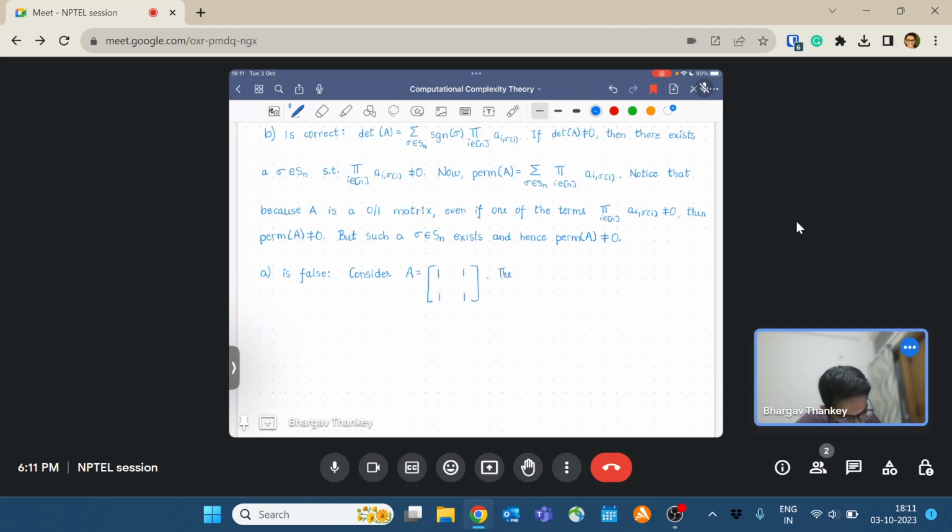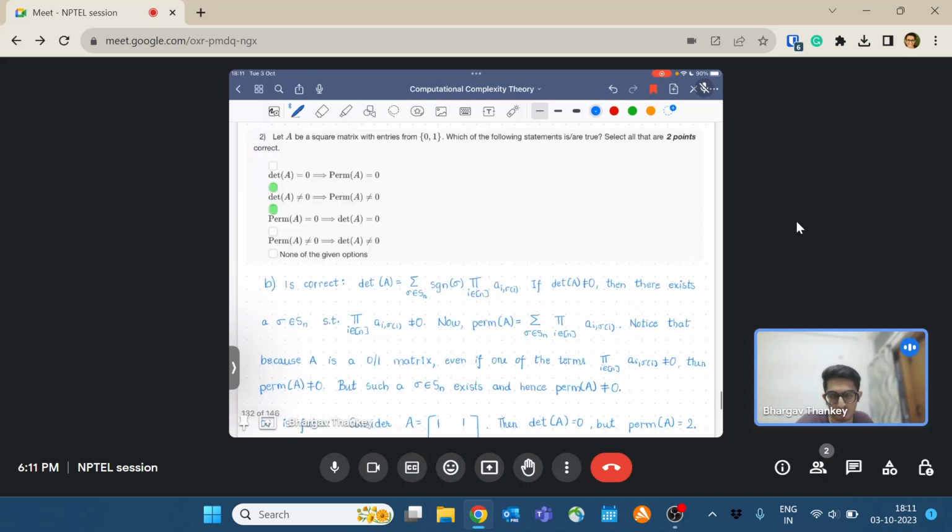The determinant of A is equal to 0, but the permanent is not. So we have a 0, 1 matrix whose determinant is 0 but whose permanent is not. So option A is false, and so option D is also false.